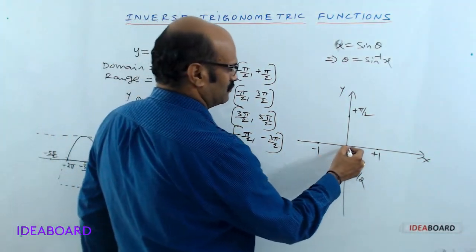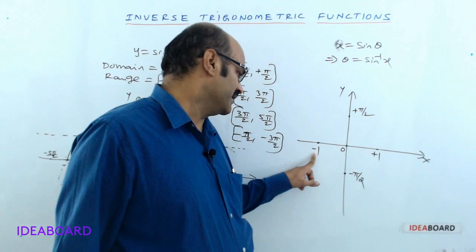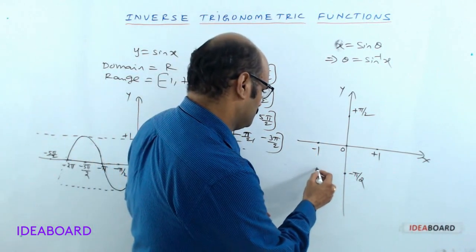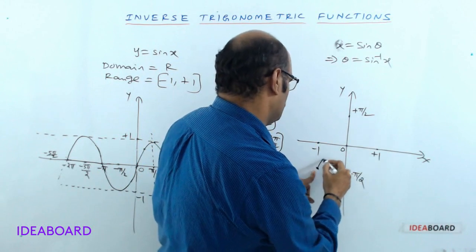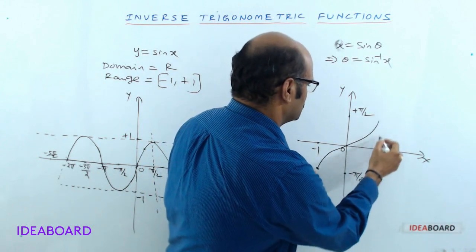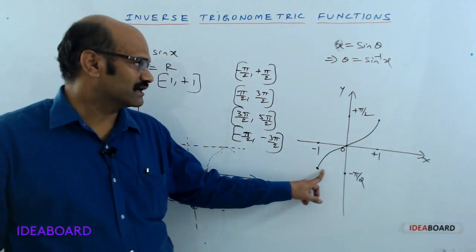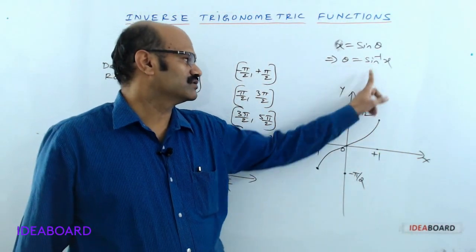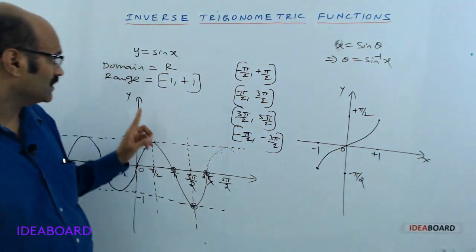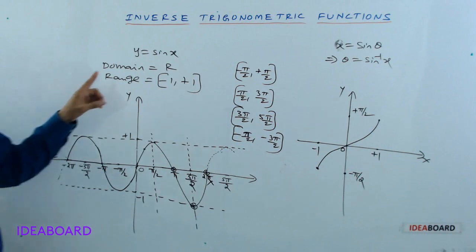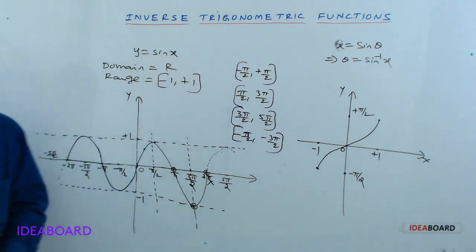Sin inverse of 0 is 0. Sin inverse of minus 1 is minus pi by 2. Sin inverse of 1 is plus pi by 2. Therefore, this is the graph of theta equal to sin inverse x. Now I am going to define y equal to sin inverse x.